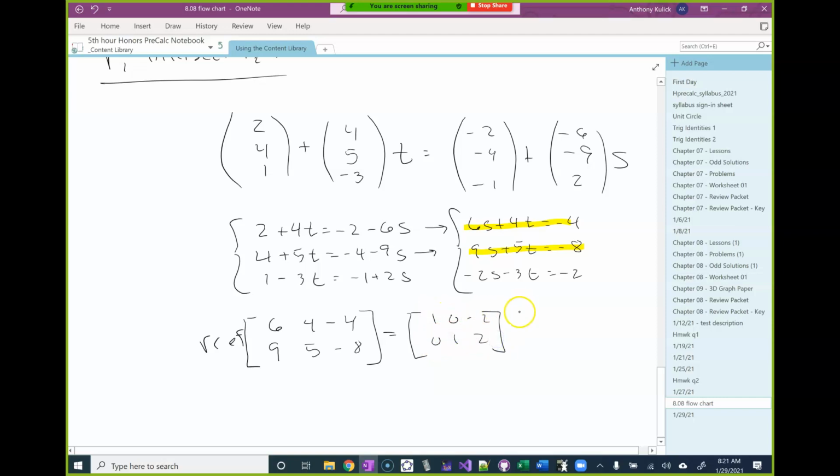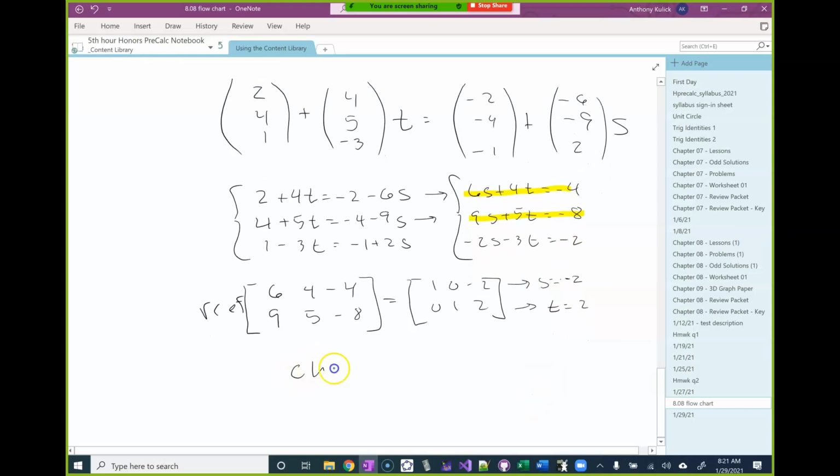What this tells me is that S is -2 and that T is +2. I take a quick moment to make sure that checks out in equation 3, and it does.